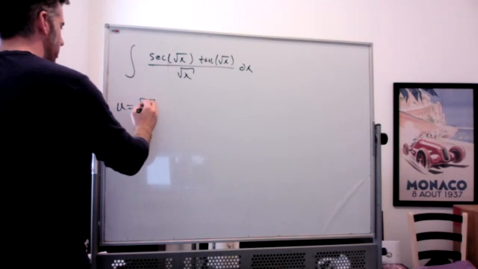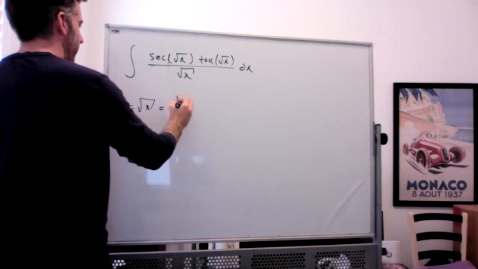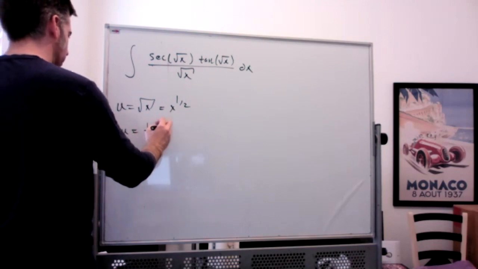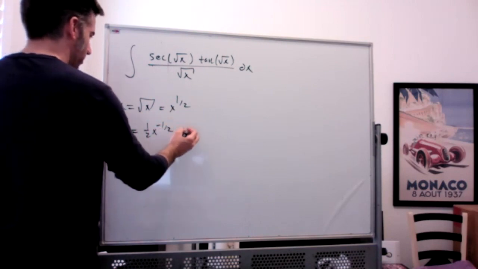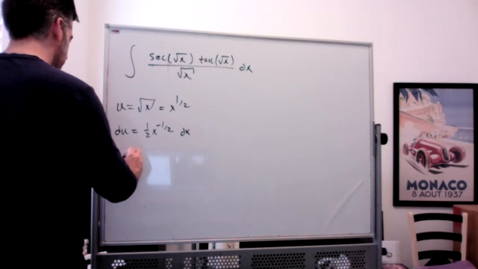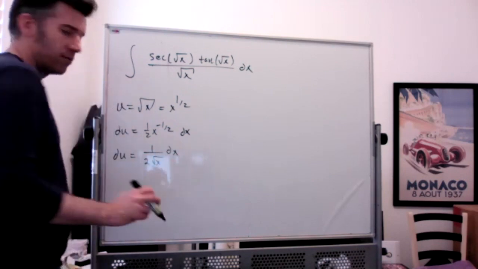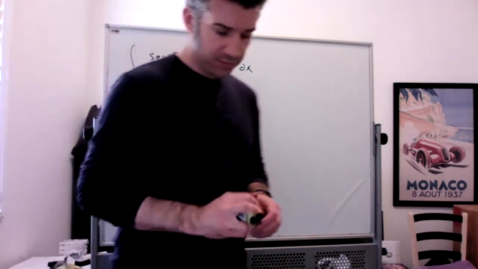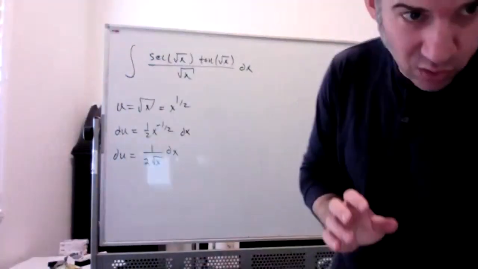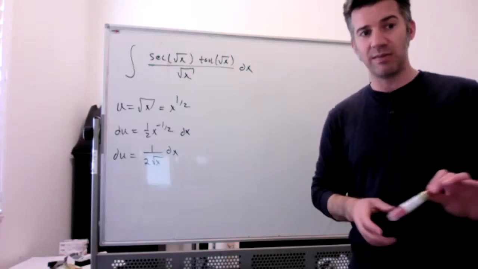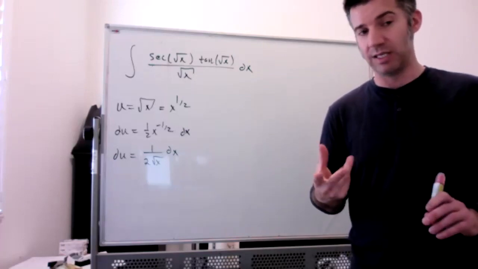So if I let u equal the square root of x, which is x to the 1/2, my du is 1/2 x to the minus 1/2, or du is 1/2 root x dx. Now here's what I want to point out. If you move through this too quickly, it's really easy to make the mistake of not catching what du needs to be.